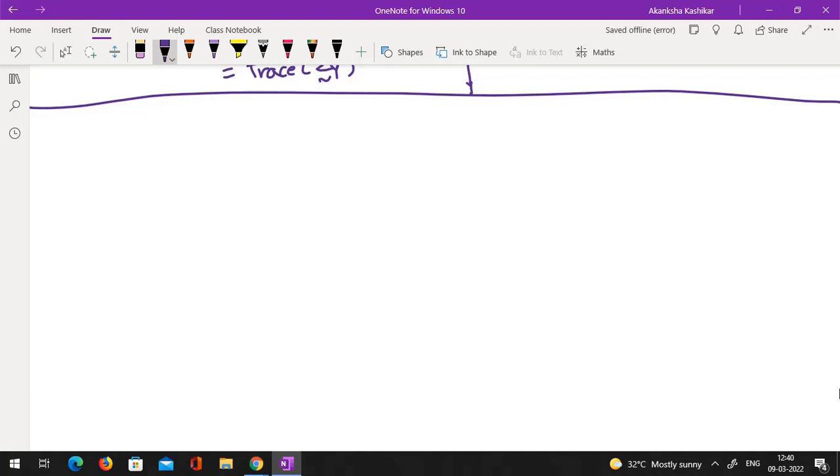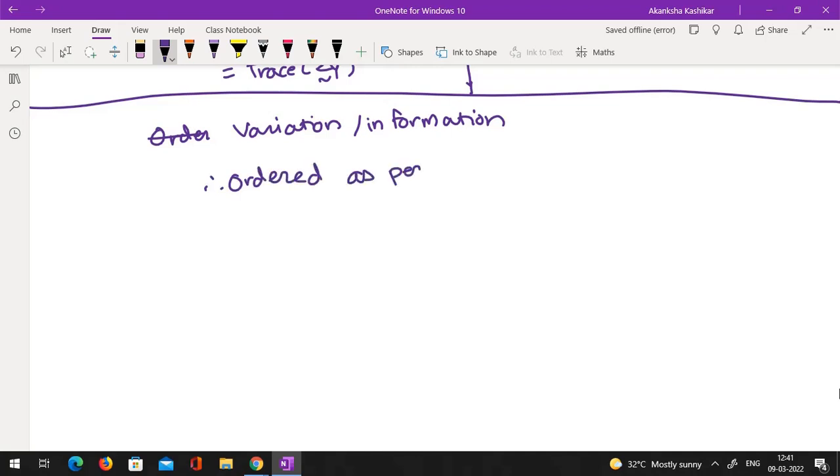The question of which yi's is in most cases solved very easily, because the principal components are ordered as per their variation, and we know variation is information. So they are ordered as per their information content. The first PC has the highest amount of information, the second PC has the second highest amount of information, and so on.